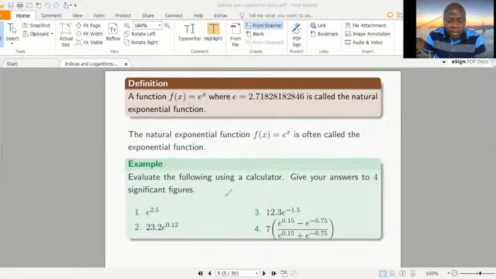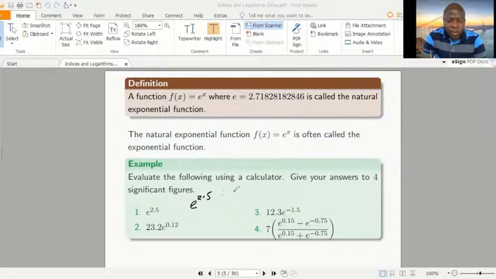Now, we just want to use our calculators to evaluate this. I've said that E is on your calculator. You just press E and then raise to 2.5. Some calculators will require you to just press E and then write 2.5.